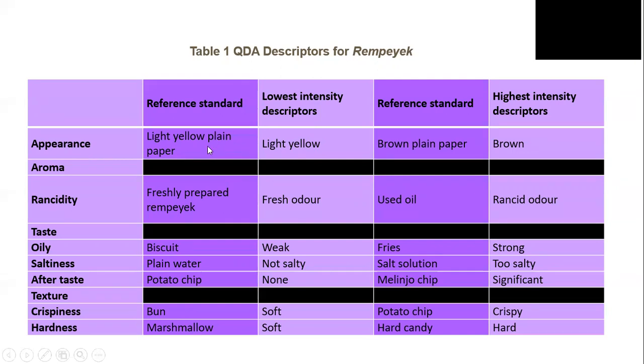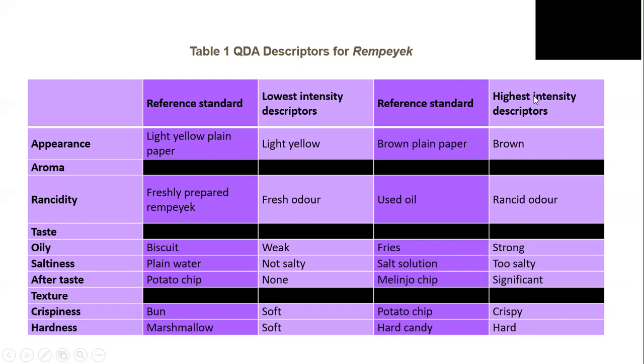They are referring to light yellow plain paper. So in that situation, the light yellow plain paper must be provided and available. We can see it in front of us. Then only we know how to evaluate. We can compare with the real products.